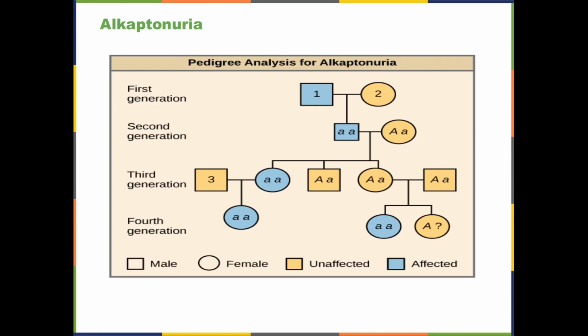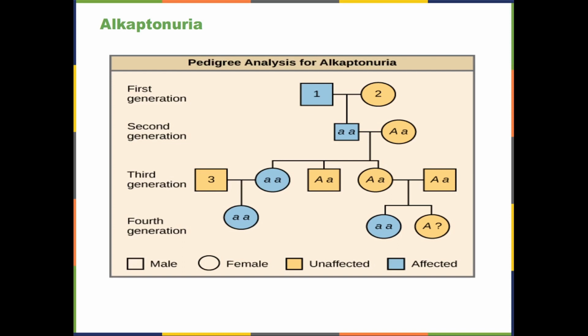All right, it's kind of like a puzzle. We know these phenotypes that we've inferred on here based off of what we know the second generation's phenotypes are, and using Punnett squares and understanding what they have to be. Right? If they're unaffected, then they have to be big A, little a.